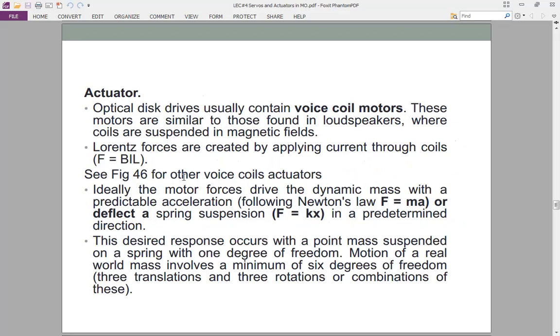But I think it depends on the arrangement. Usually, the objective lenses are aligned in such a way that gravity acts on it going downwards.